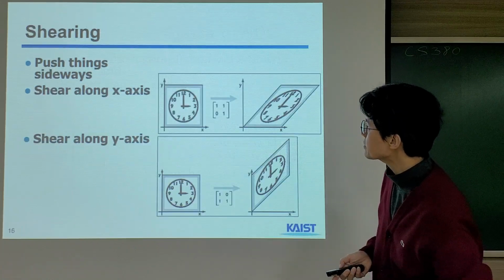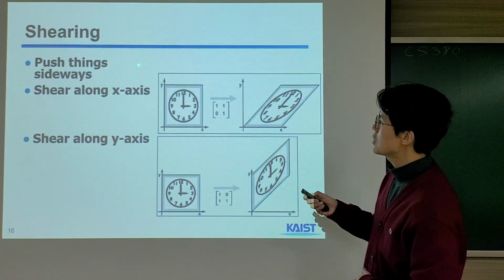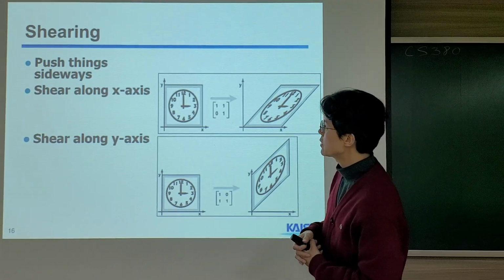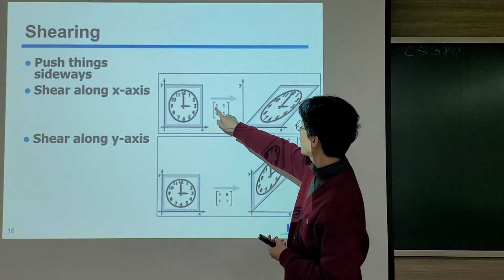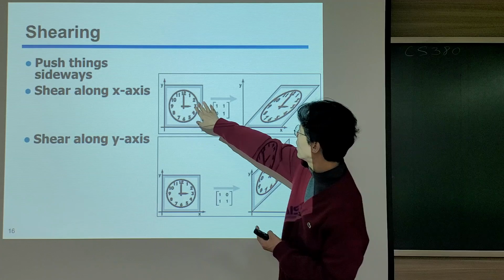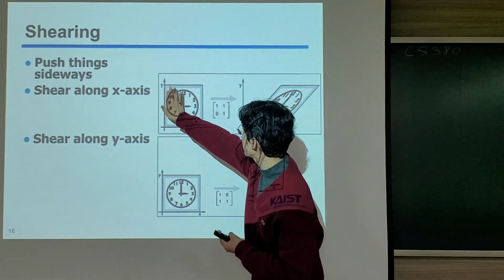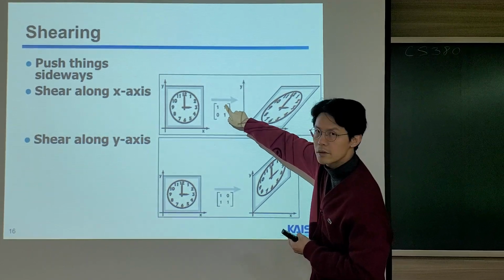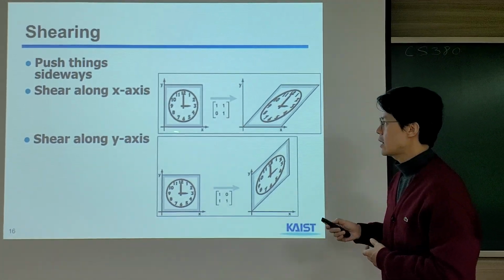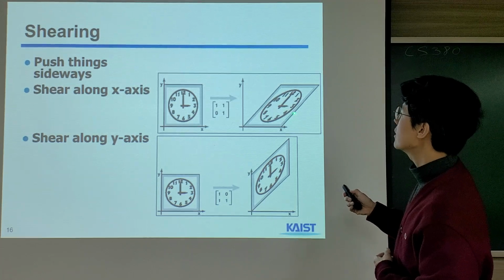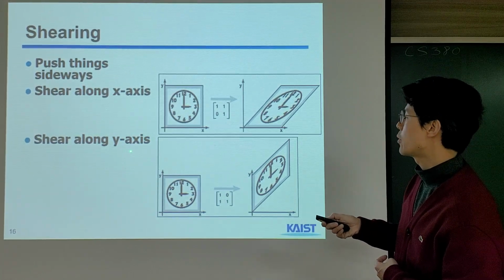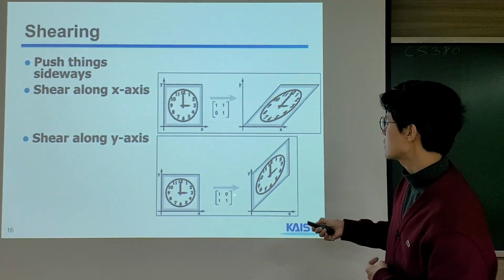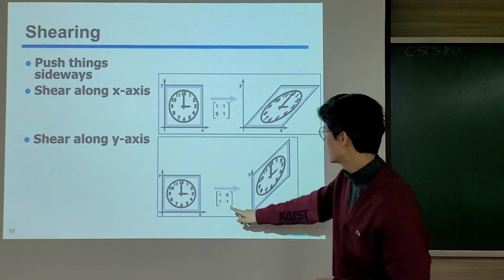Shearing is a common operation. It pushes things sideways. In this case, we push these things like this, so that's why we got this kind of term here. This is shearing along the x-axis, and this is the shearing operation along the y-axis.